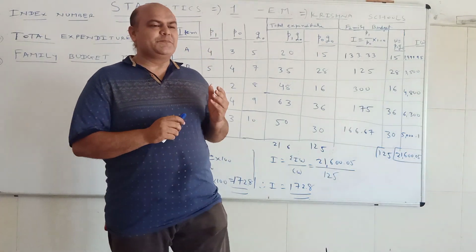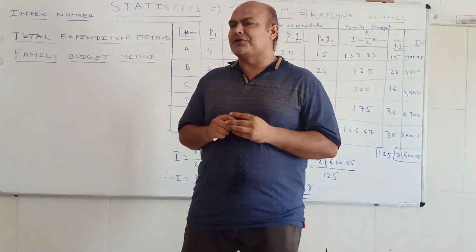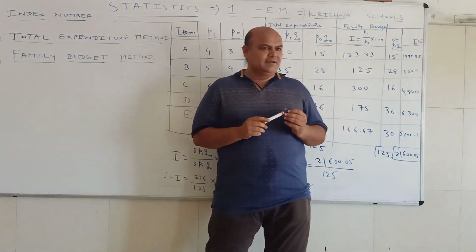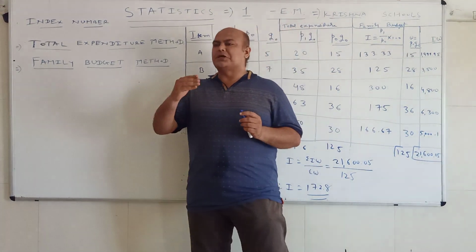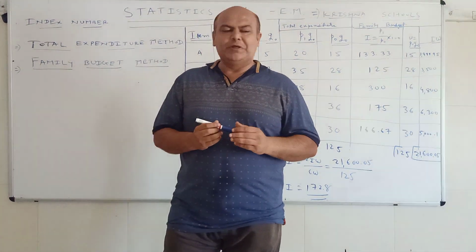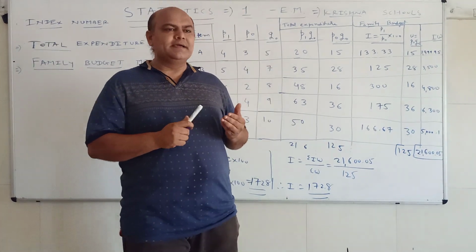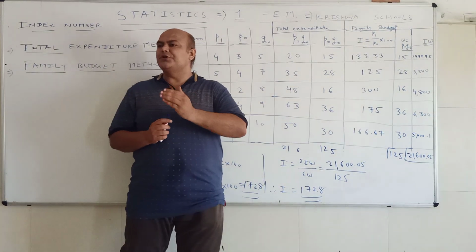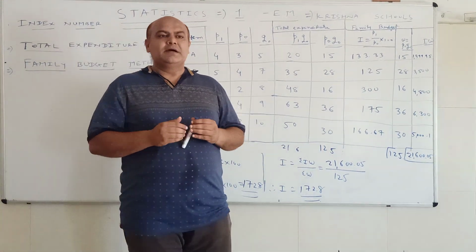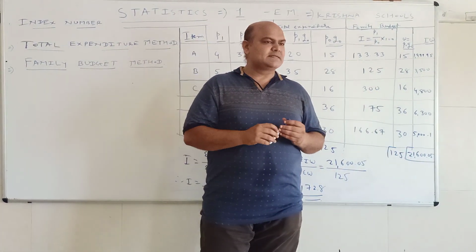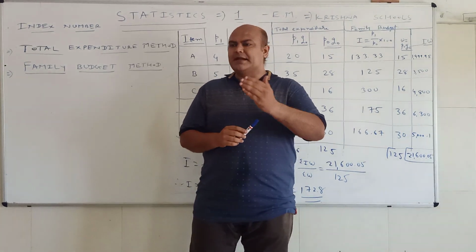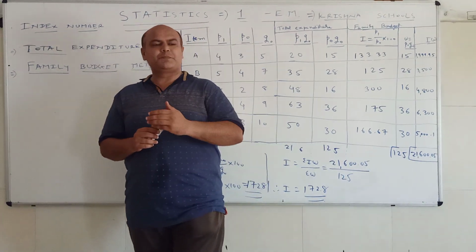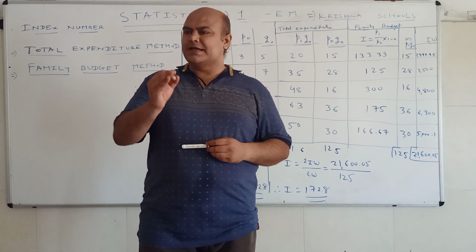Hello students, in the last video lecture we studied the method of conversion. When the column of unit is provided, how we have to convert the different unit, how to divide the price and find the index number of Laspeyres, Paasche and Fisher.